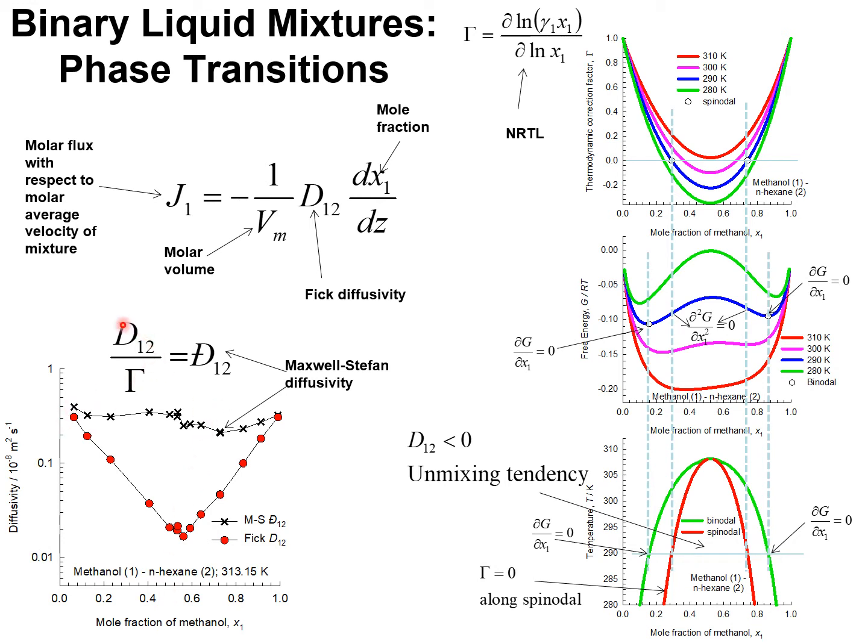By dividing the Fick diffusivity by the thermodynamic correction factor gamma, we obtain the Maxwell-Stefan diffusivity, and that Maxwell-Stefan diffusivity is practically independent of composition.